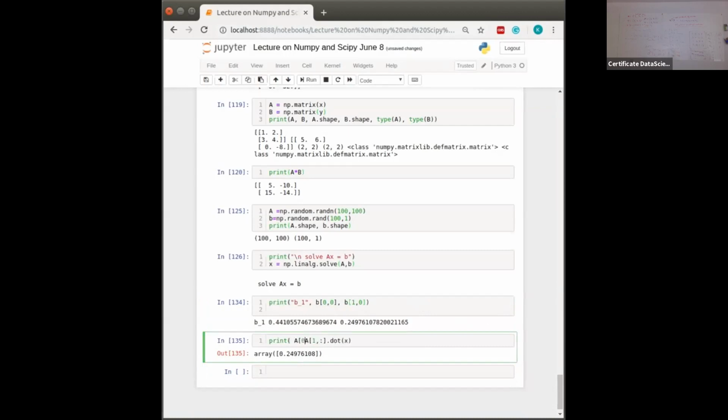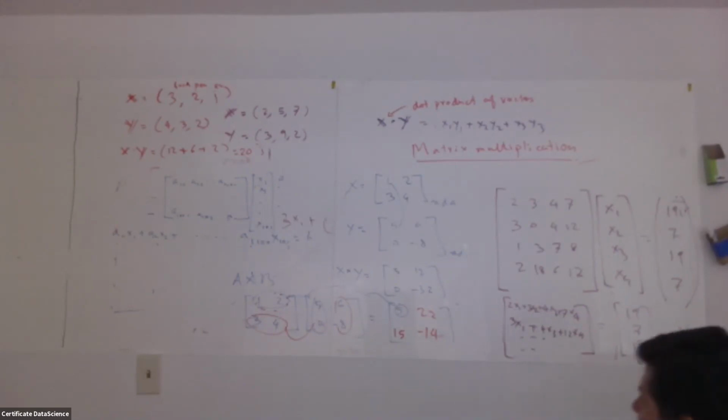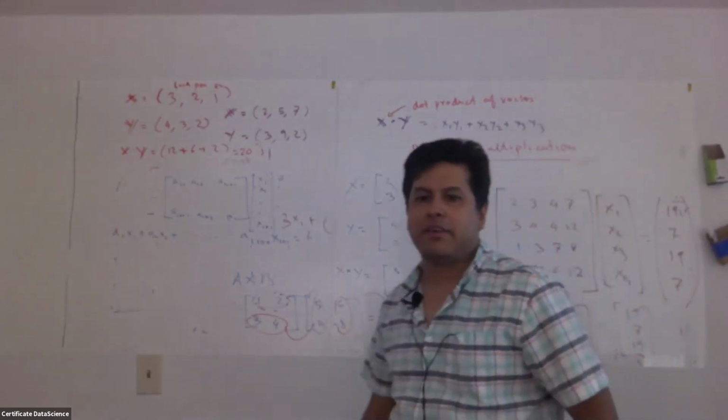A 0, comma, colon, code. I'm not doing anything, I'm just making sure the solutions are correct. Yeah, the solutions are correct, you see, after I multiply this. So that's where we are going to stop, but let's take some questions now. You have seen a lot of things, how to even solve 100 variable equations.